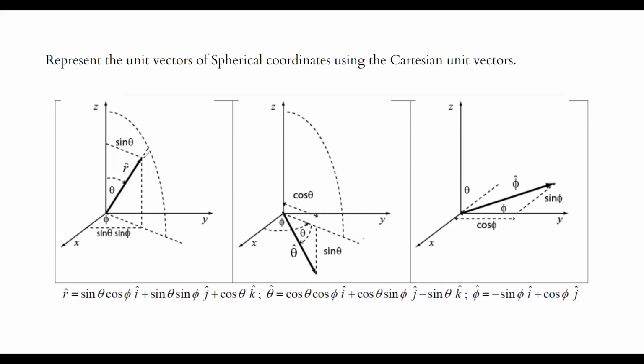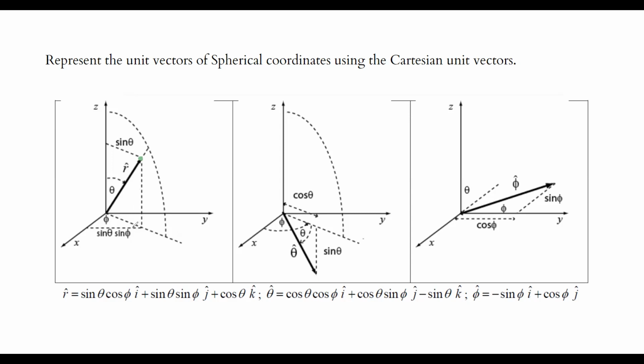So r hat vector we can take like this, starting from the origin to the point that we are considering. So once we want to take the projection along x, y, z directions, we need to take first the projection onto the xy plane, right?